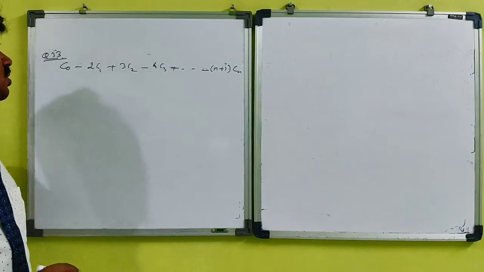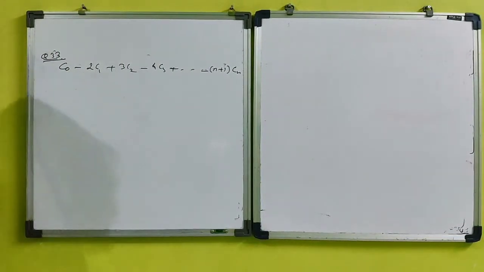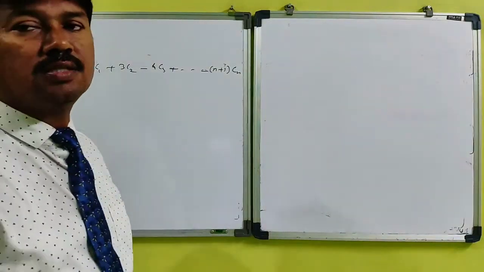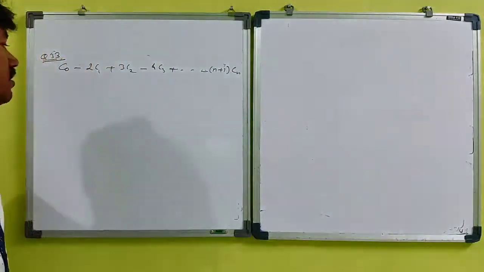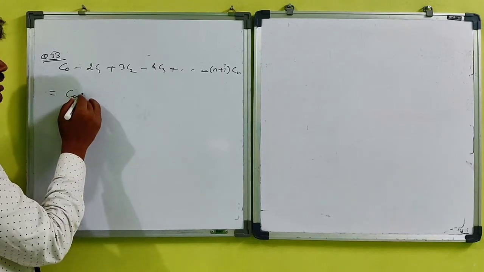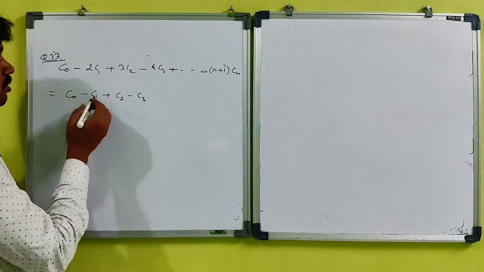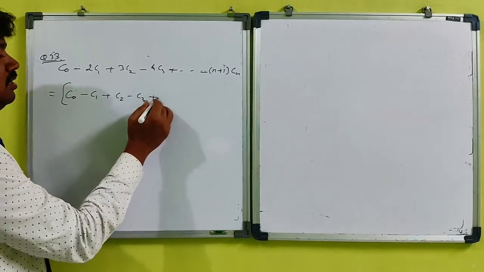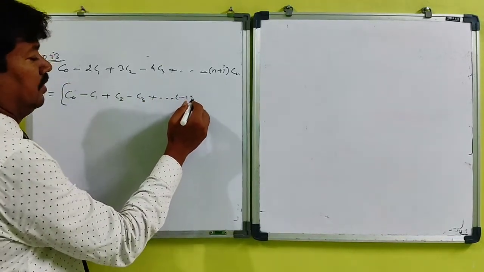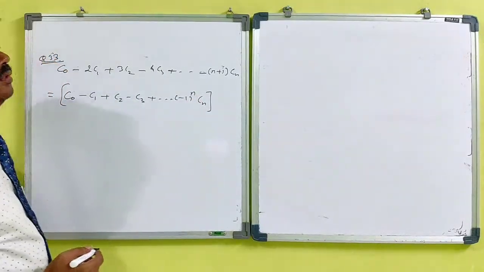Yes, so next question, question number 33. It is the same question, but with alternate plus and minus signs. The method of solving is the same, but the answer will be different. So see what the answer is in this. C0 minus C1 plus C2 minus C3. One term we take out of each, so minus 1 raised to n and Cn will go there.